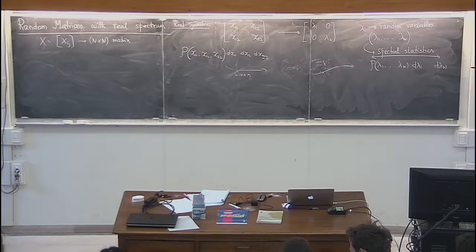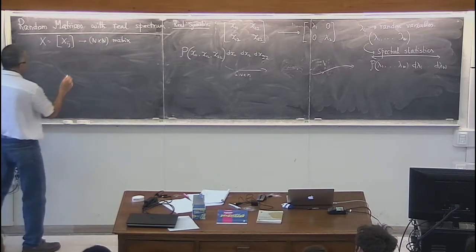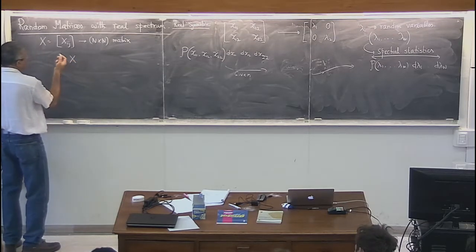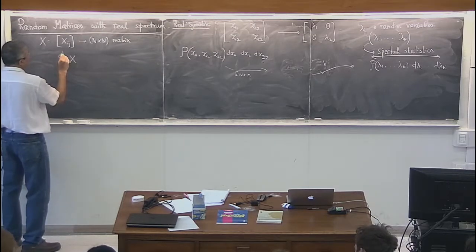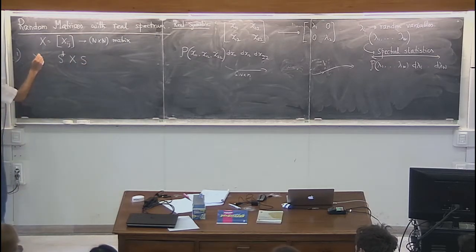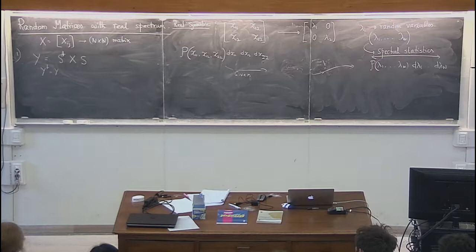Okay, so the first remark is that if you have a real symmetric matrix X, and I make an orthogonal or similarity transformation, where I use this dagger for transpose, I arrive at a new matrix Y. So Y is also n by n, and in fact it's trivial to see that Y dagger is also Y. So Y is also a real symmetric matrix.